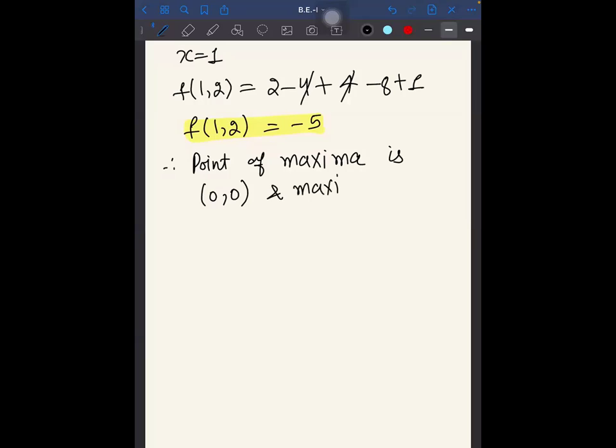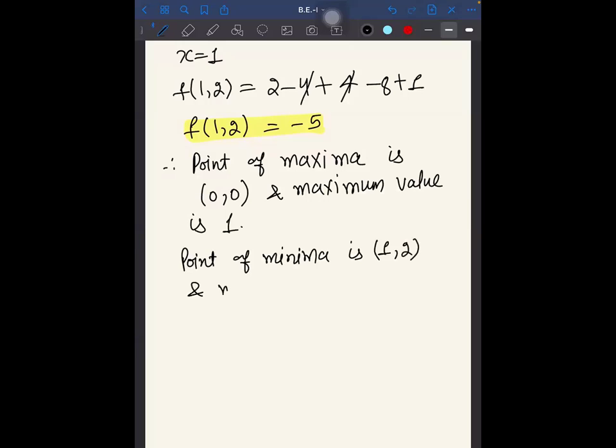And maximum value, what did we get? 1. And point of minima? (1, 2). And what did we get as minimum value? Minus 5. Okay? So that's it for today.